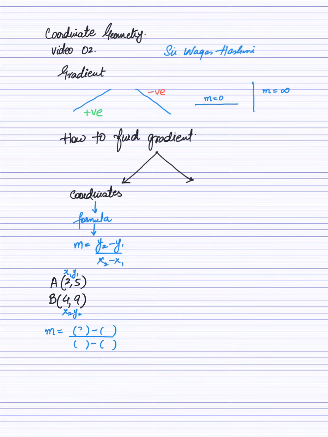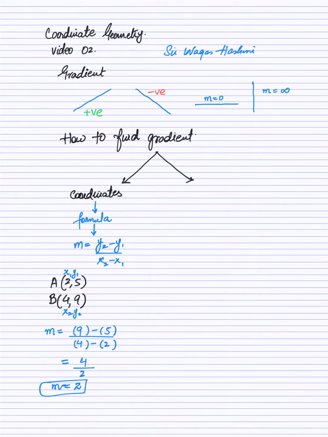The value of y2 is 9, the value of y1 is 5, the value of x2 is 4, and the value of x1 is 2. 9 minus 5 is 4, and 4 minus 2 is 2. So the gradient is 2. So whenever you have coordinates, you need to apply the working formula.